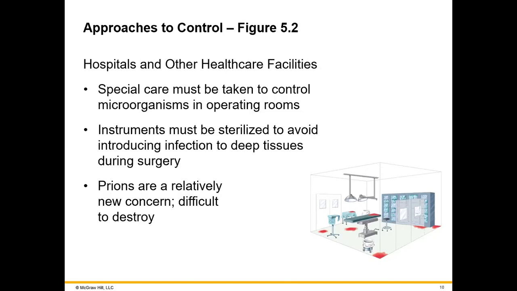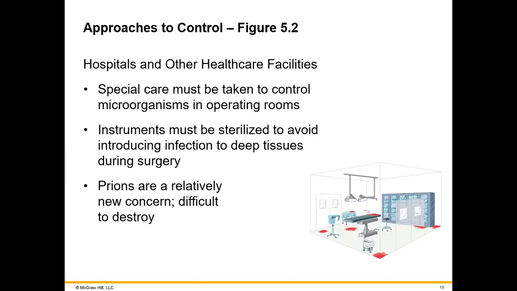And then we have the instruments that are used in the operating room. So those need to be processed, just like we process instruments in the research laboratory. Obviously, any instrument you use, it needs to be completely sterile. And we'll talk about methods to sterilize these implements, which are typically metal.